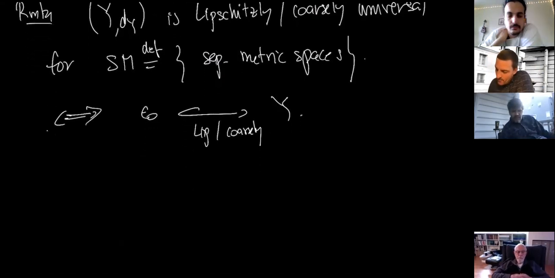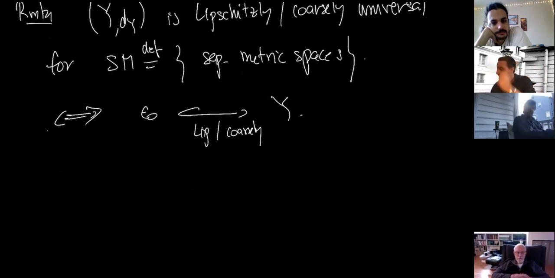So now you can try to ask universality questions in the purely metric context. Of course, the Szlenk index, the Szlenk theorem in the metric context doesn't make much sense. I mean, what is a reflexive metric space?